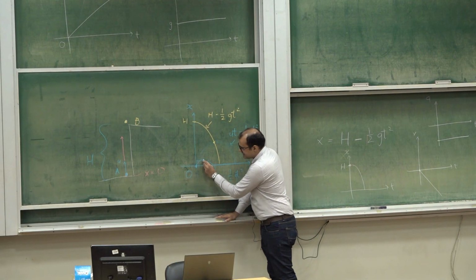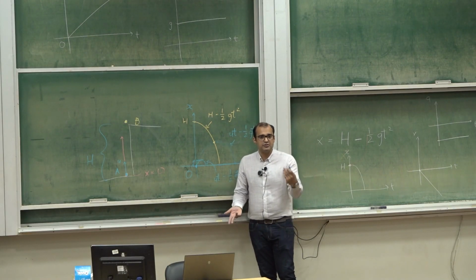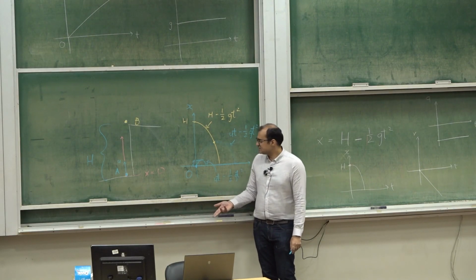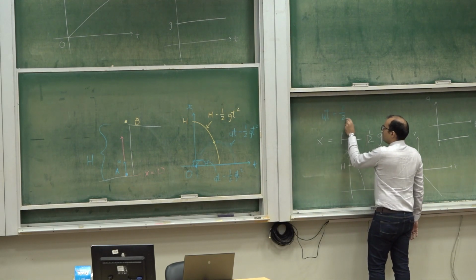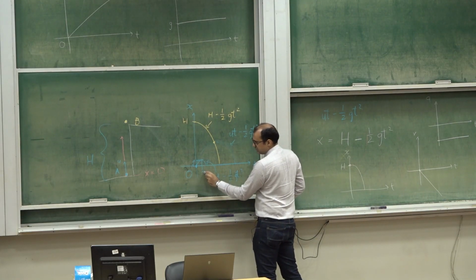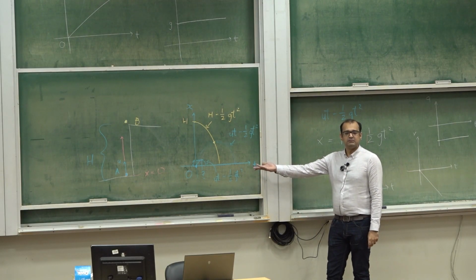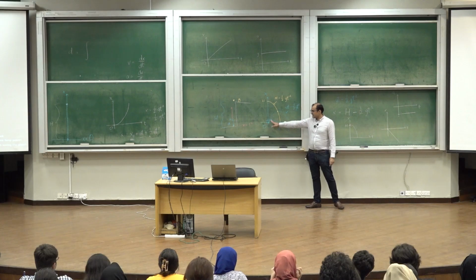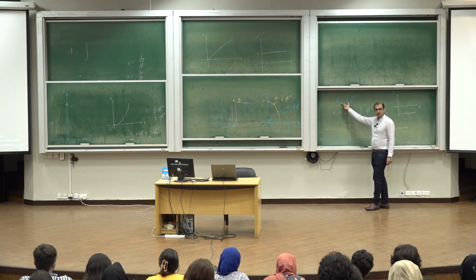What's this point? This is the maximum height to which object A rises. That of course depends on u. You can immediately see that it depends on u because you have ut minus half gt square. What does this time correspond to? How do you find out this time? You say, okay, at this point the velocity of this object is 0, aka the derivative of this function needs to be 0.